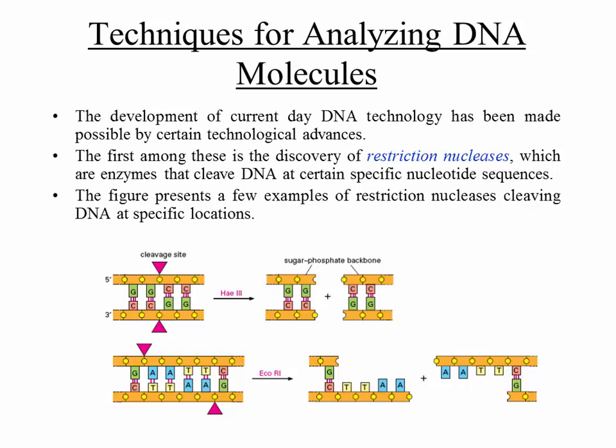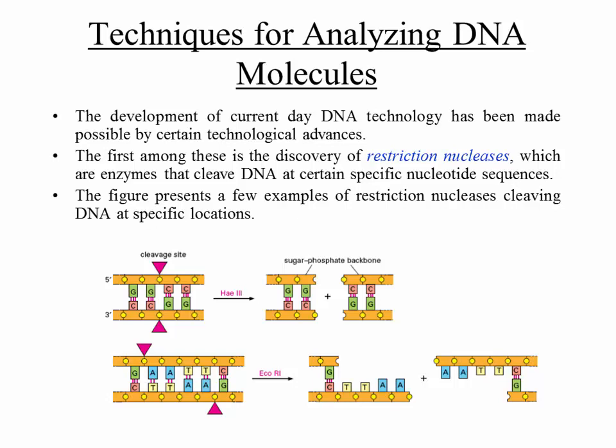Now, there are a number of techniques that have made this kind of technology possible. One of the techniques is the discovery of what are called restriction endonucleases. These restriction endonucleases are enzymes that will cut DNA at certain specific nucleotide sequences. There are different enzymes.